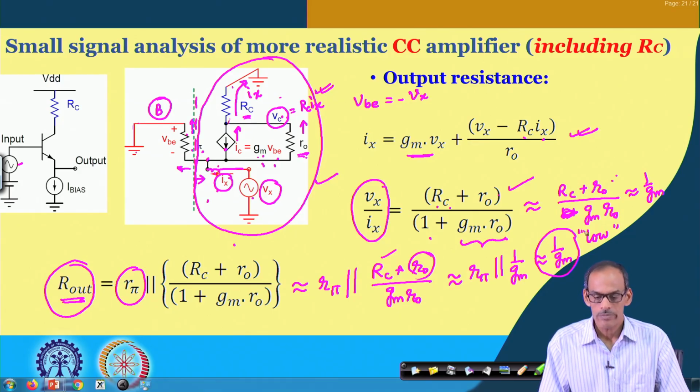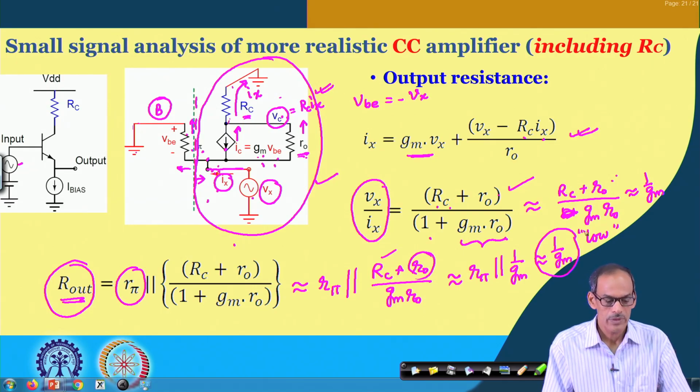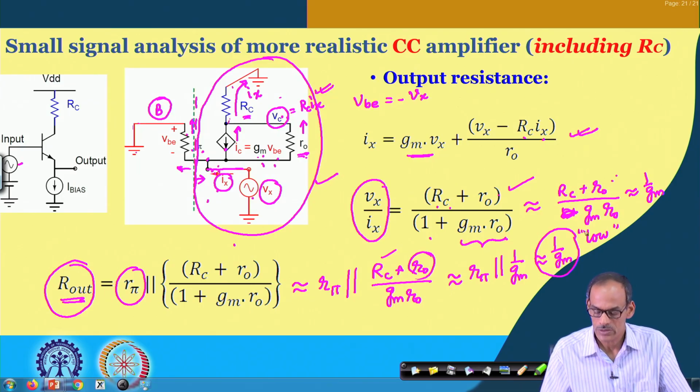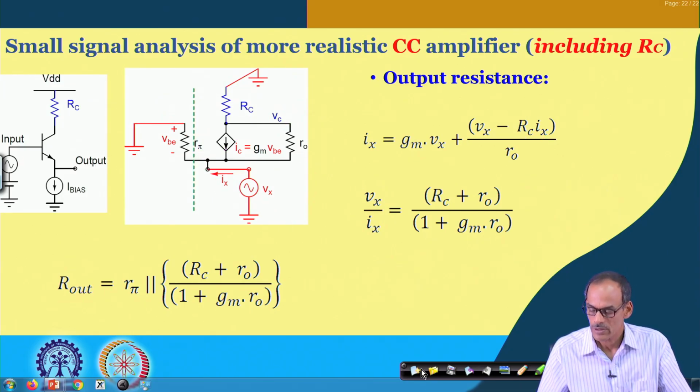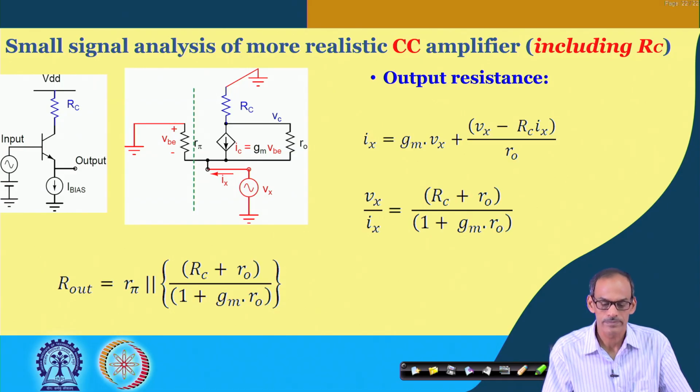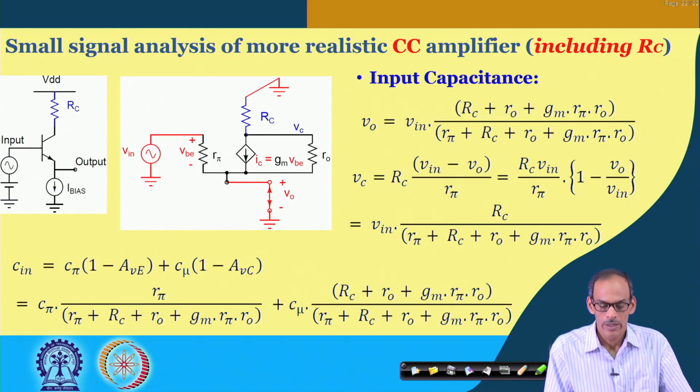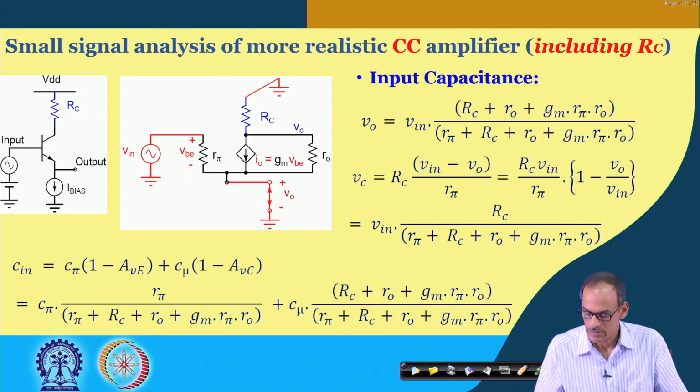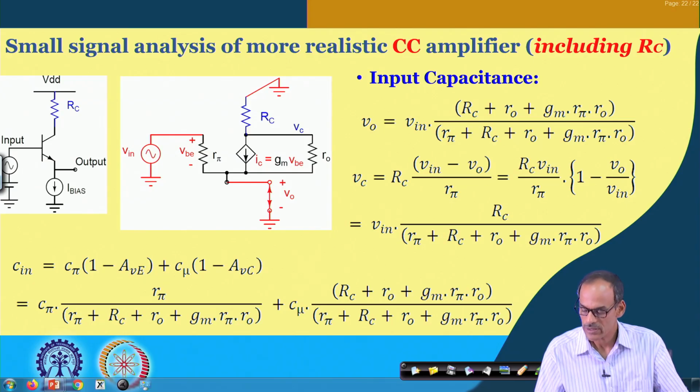Okay. So, let us see the effect of this R C on the input capacitance. That is very tricky. So, in the next slide we will be analyzing the circuit to get the input capacitance. Yes, things are getting really complicated. Let us see what complications we are getting here.